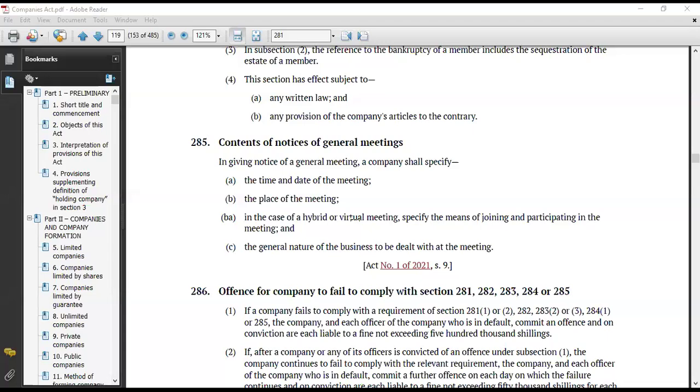So the first one is that there will need to be a resolution. Second, they need to enter into and sign a transfer of shares document.